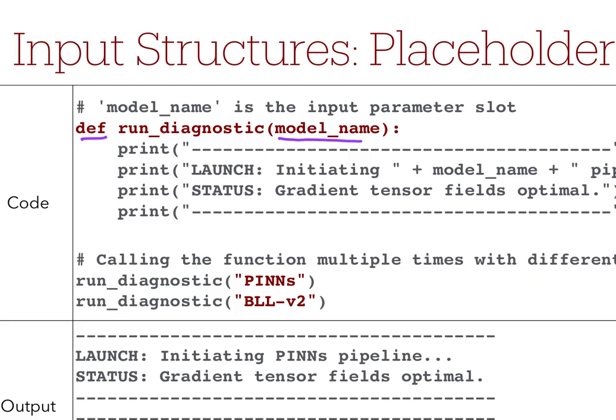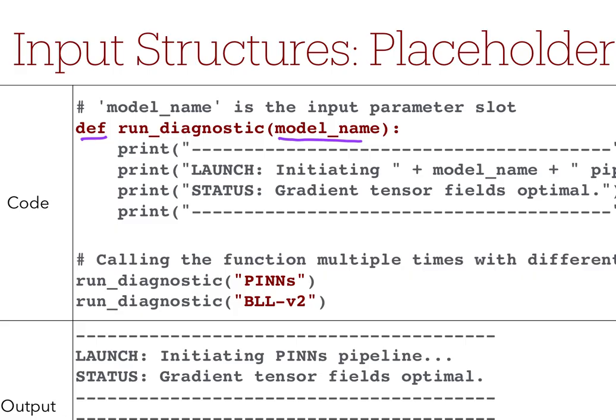But I will receive one value from the user. And whatever value the user gives, that value will be stored under the variable named model name, and that will be a local variable. In other words, whatever the user provides, the variable model name exists only when that function exists.